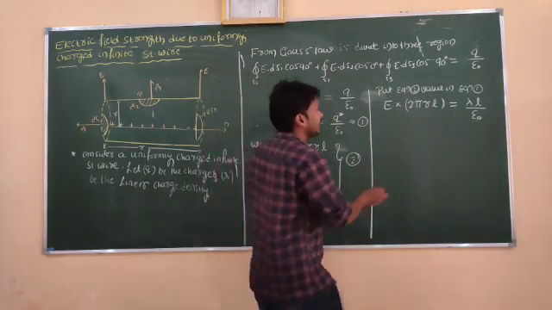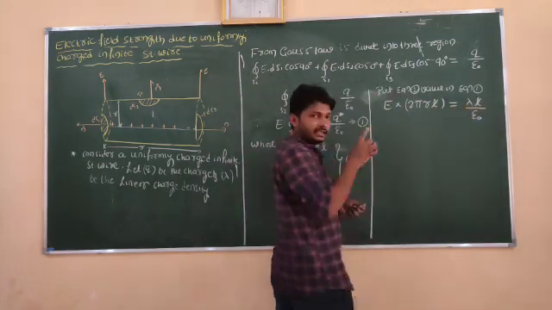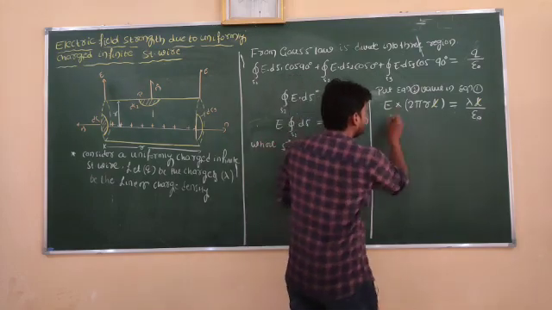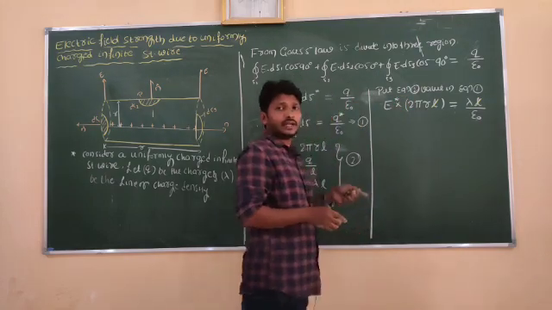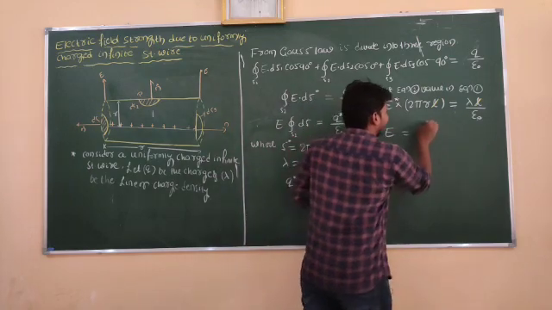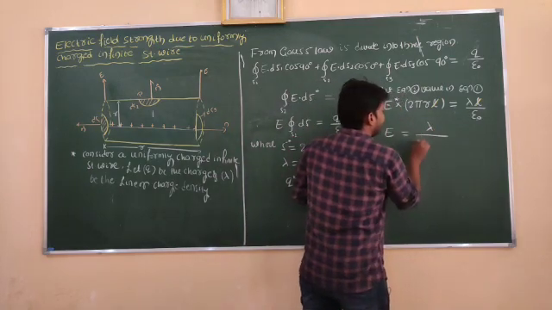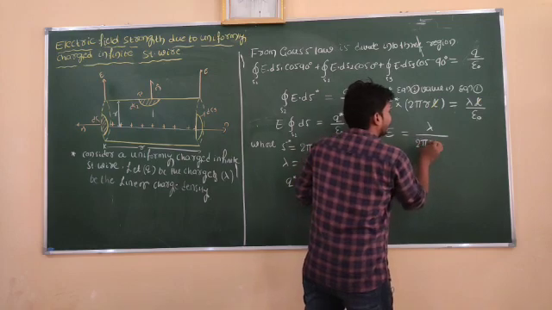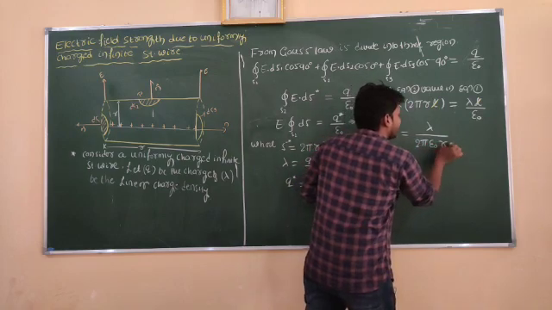So look here, the L term will get cancelled out. I want to determine the value of the electric field strength here. So finally E is equal to lambda divided by 2 pi epsilon naught r.